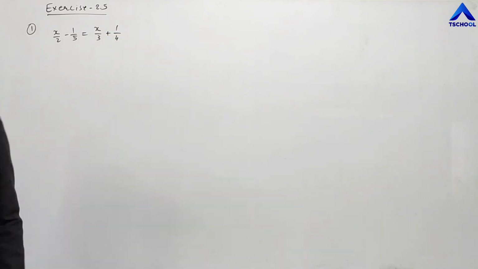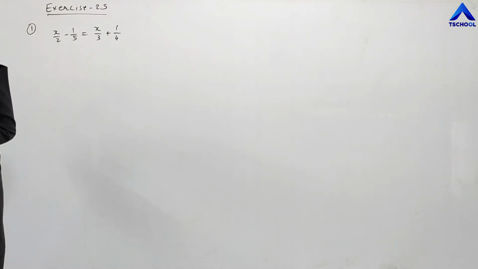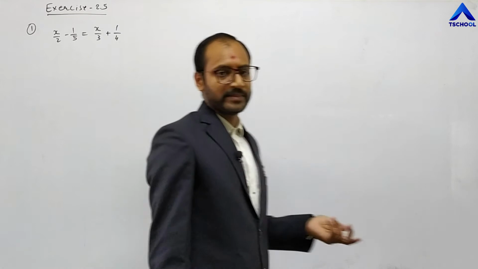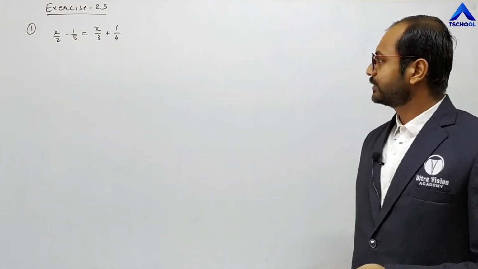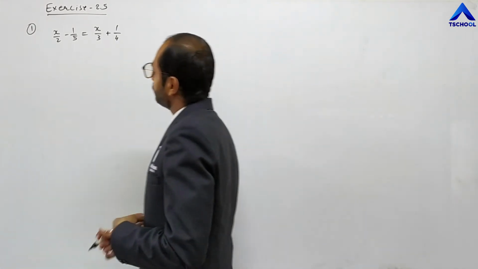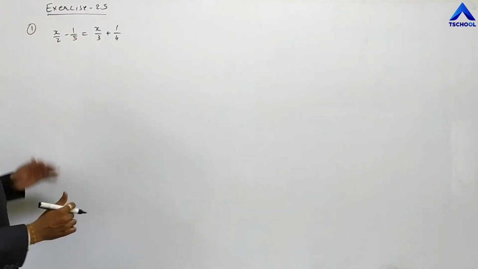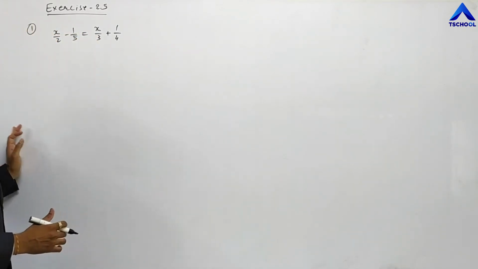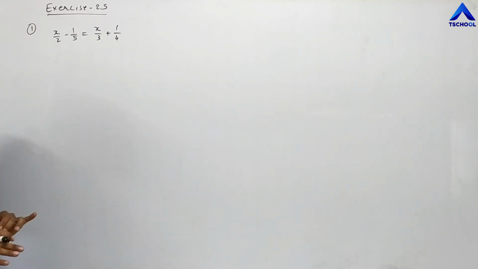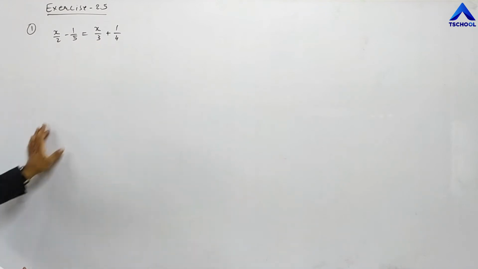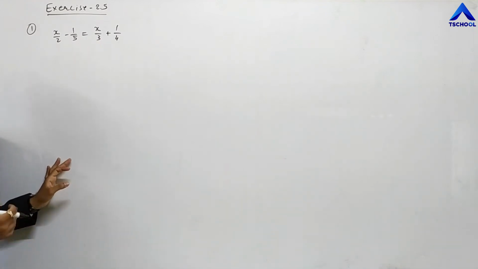Now, how can we simplify this? We can take the LCM on both sides, because at this time we can take multiplication as well, but that multiple should be the multiple of all denominators. What is that number which is the multiple of all denominators?